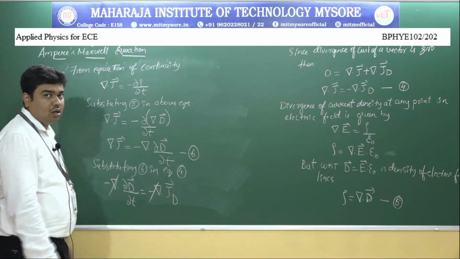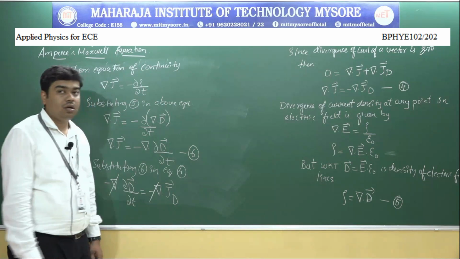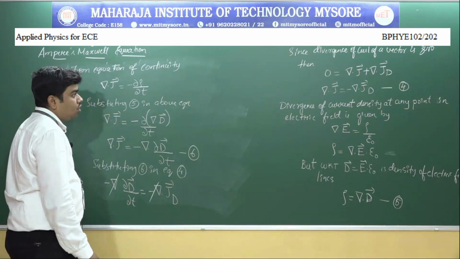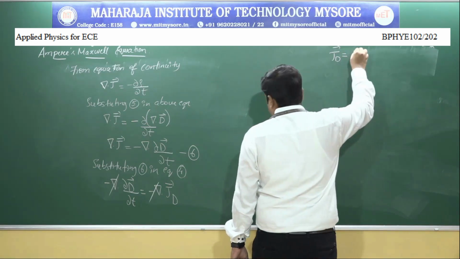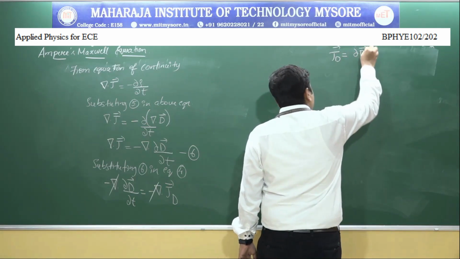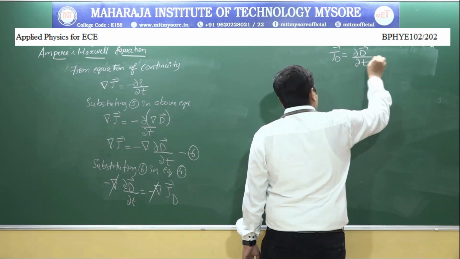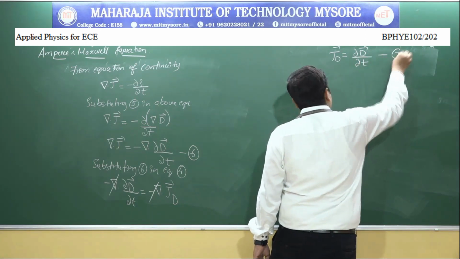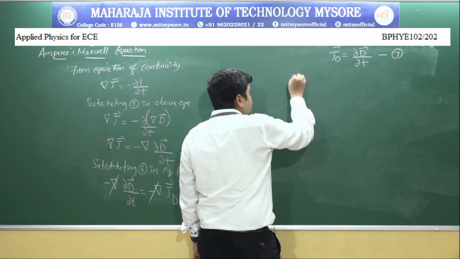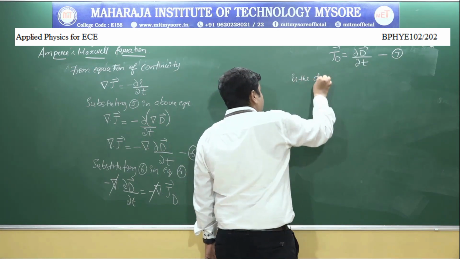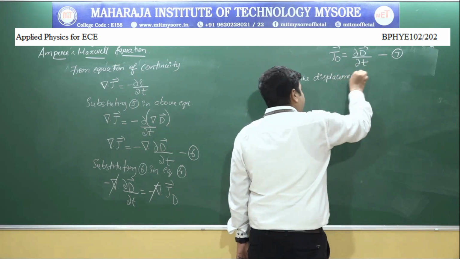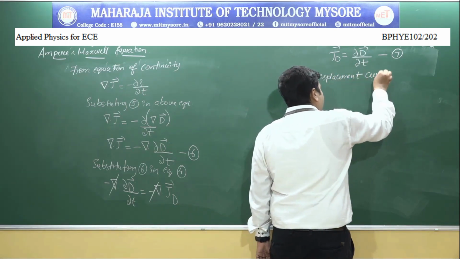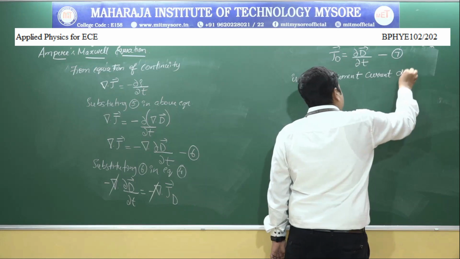So, the operator and the negative symbol get cancelled on both sides of the equation. So, we are left with JD is equal to dou D by dou T, we call this equation 7, which is the displacement current density.